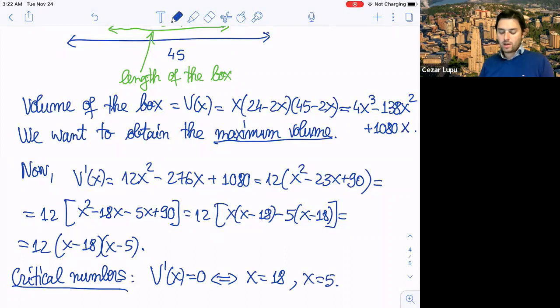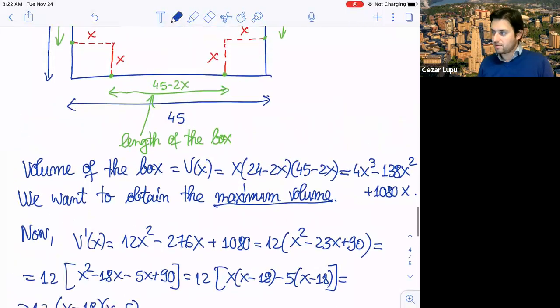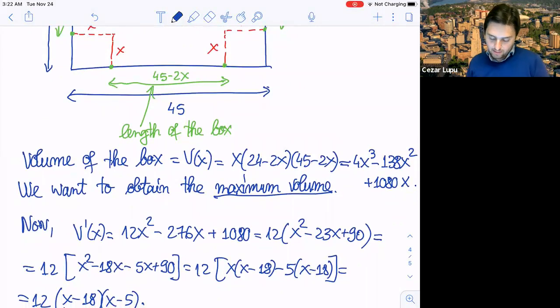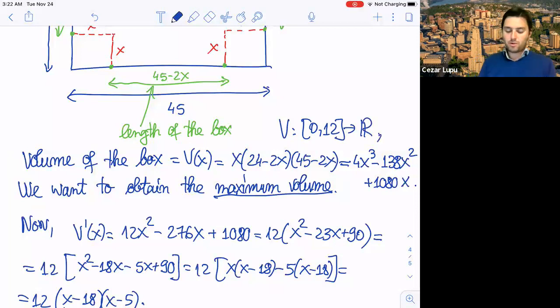But you see, we have to see how our function is defined. We forgot to say this. So we forgot to say how the function is defined. This is very important. The function is defined from 0 to 12. Pay attention. And the real values. Very important, the way it's defined.